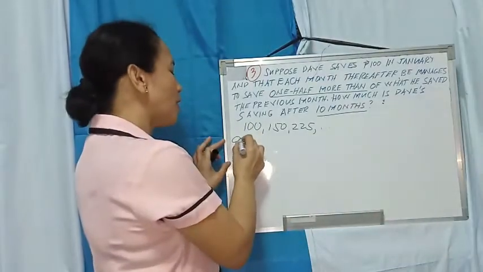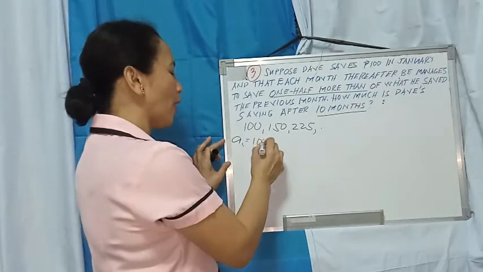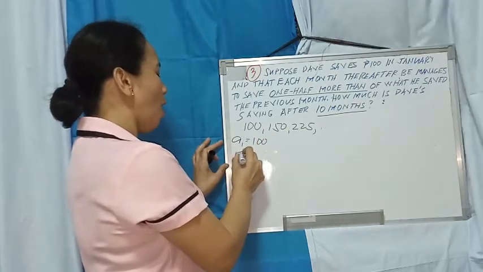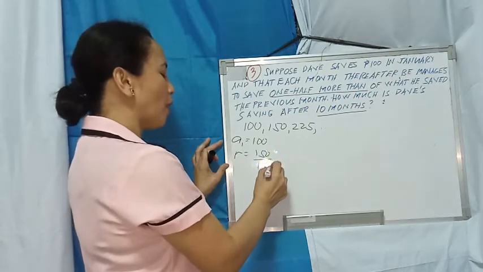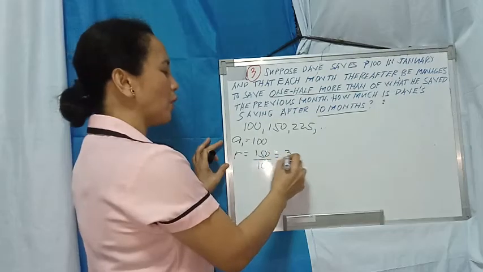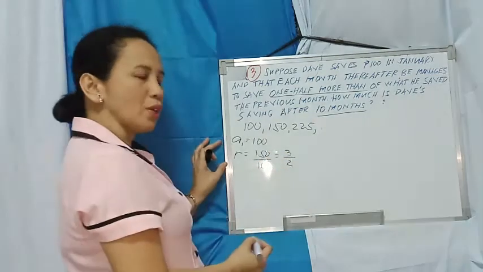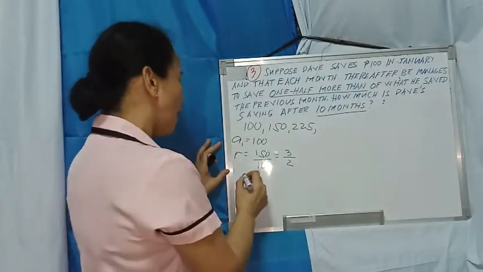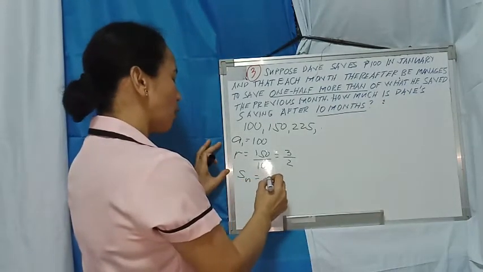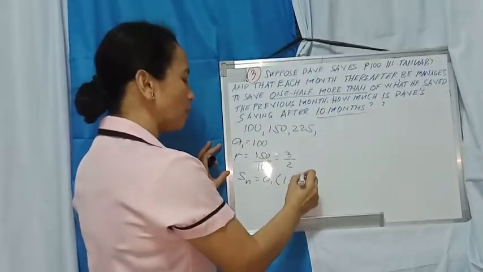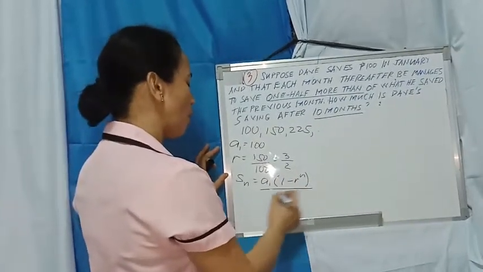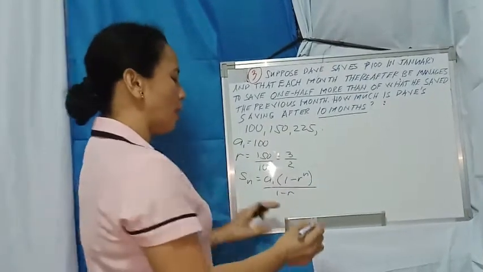So a sub 1 here is 100, and then r is 150 divided by 100, which is equivalent to 3 over 2. So by using the formula, S sub n equals a sub 1, quantity 1 minus r to the n, all over 1 minus r.